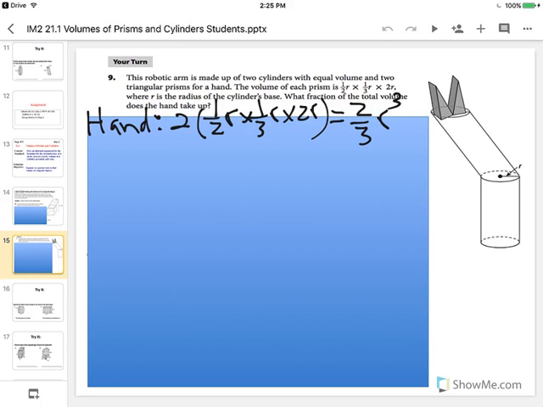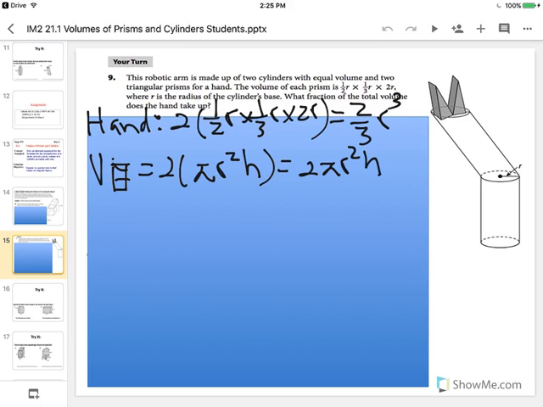For the volume of the cylinders, we have two of those, so 2 times pi r squared times the height. This gives us 2 pi r squared times the height. Then we also need the total volume.